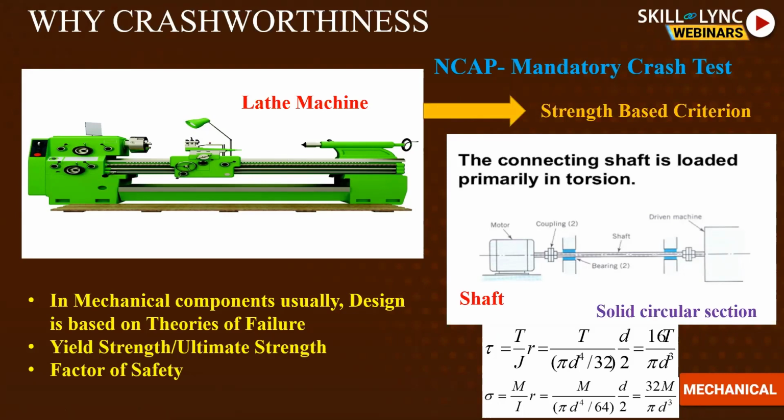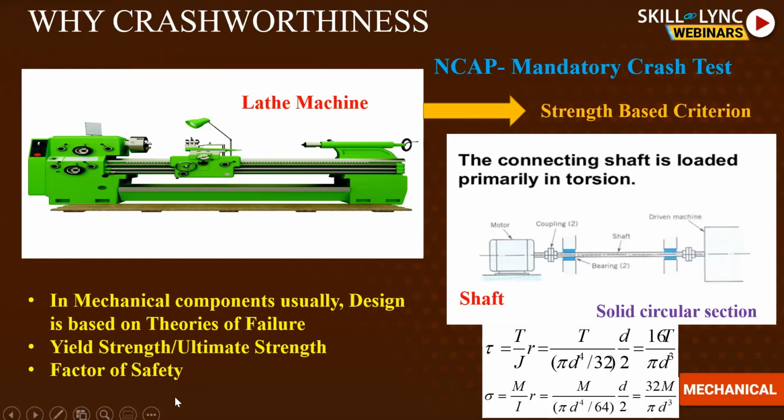So the bed should be able to withstand all the loads so that failure doesn't happen. For that analysis, you use different theories of failure, which are basically dependent on the yield strength or ultimate strength of the material. These are the things that we take into account.